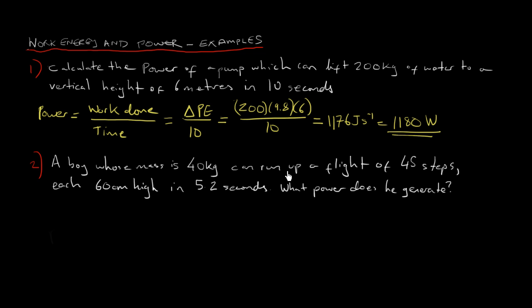Just before we go into the second question, I wanted to mention something about the first one. The reason why all the power of the pump is going into potential energy here is because the water is being raised up vertically, and there is no resistance or any losses of energy. If there was any loss of energy, or any resistance to fight against, then some of that power would go into other forms like heat and sound.